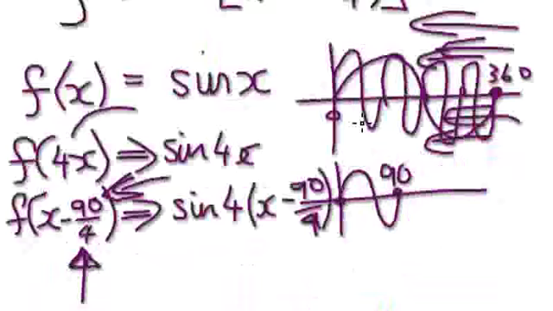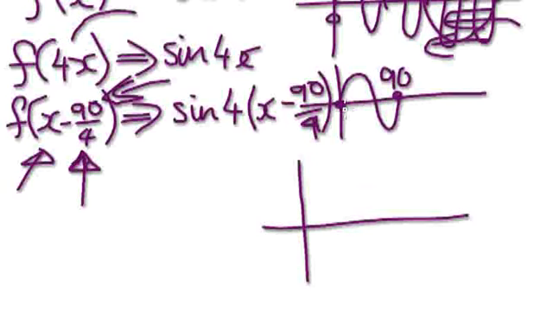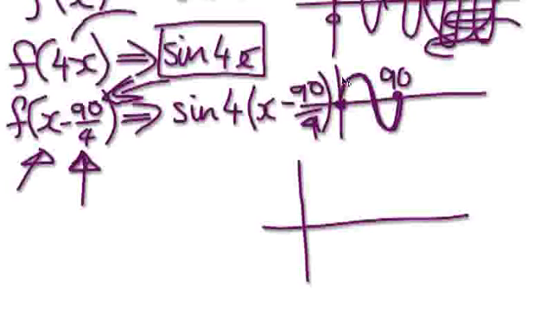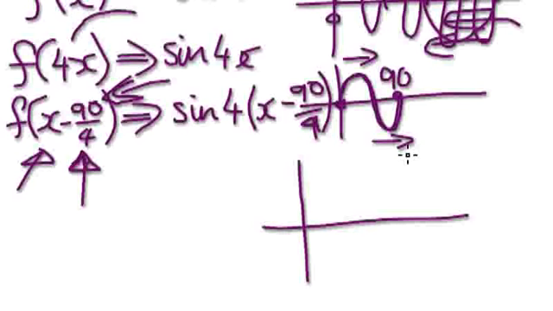When you come to sketch it, applying this transformation will give us a graph like this. At the moment, sine 4x is this graph here. Now we are going to shift everything to the right.